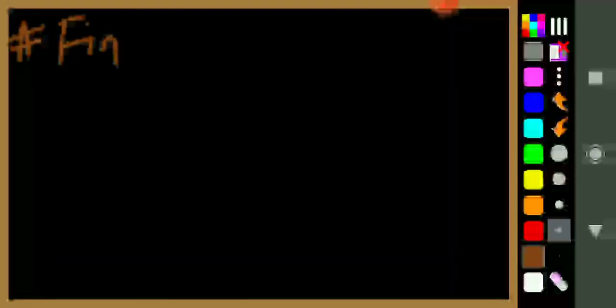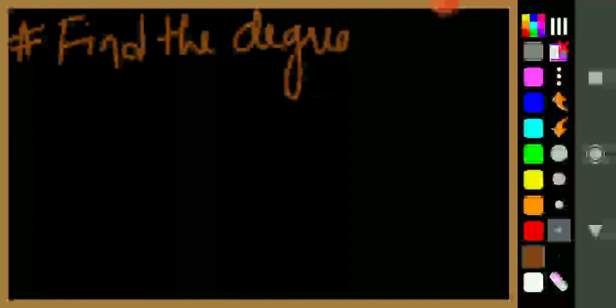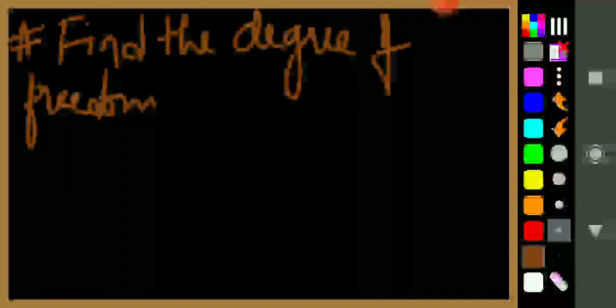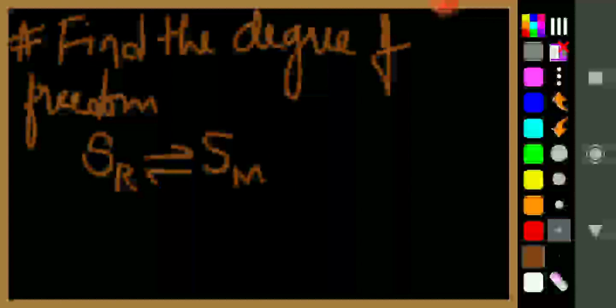To find the degree of freedom, we'll take a question. Find the degree of freedom: sulfur rhombic, sulfur monoclinic and sulfur vapor.